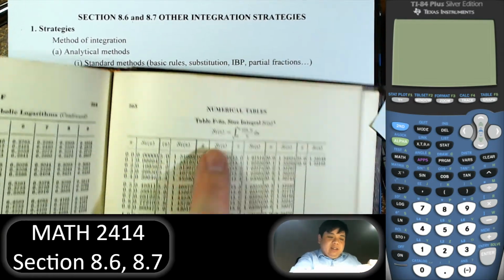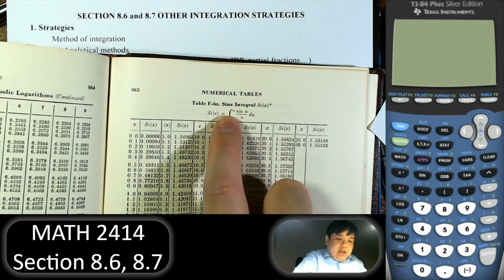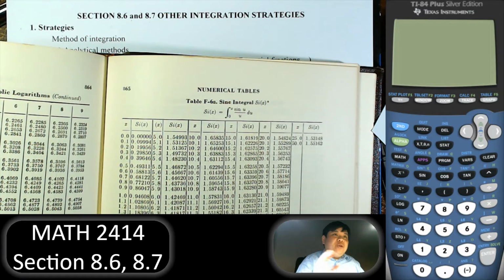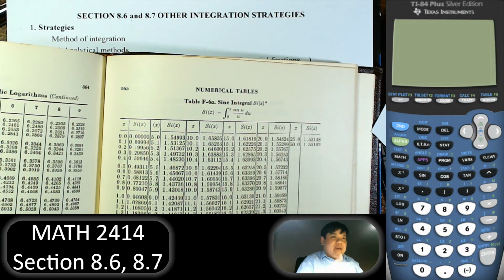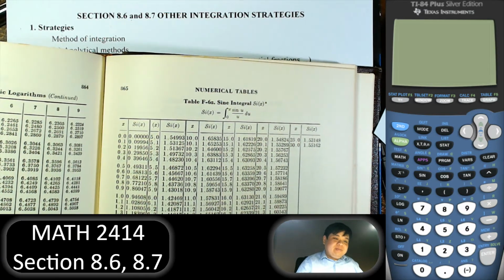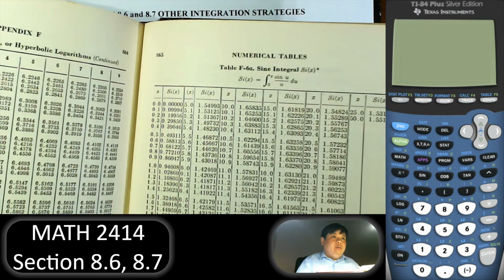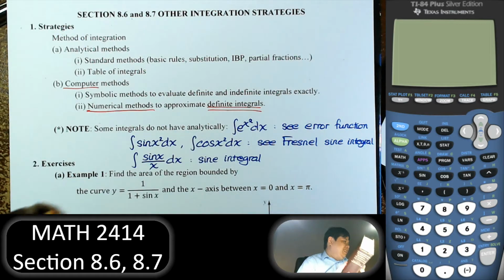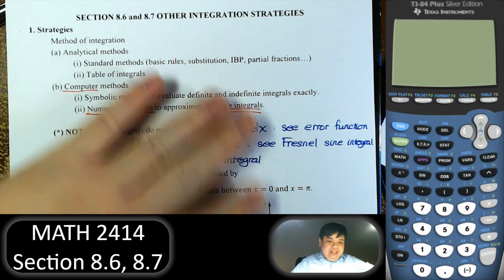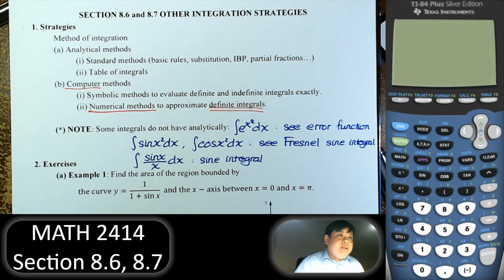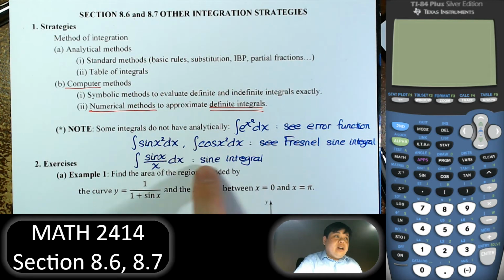Yeah, sine integral in this form. The reason they give you the table is because there's no nice formula for it, so we just have to have the table. And how do we calculate this table? Well, that's another story. So those are the common integrals that we cannot integrate.